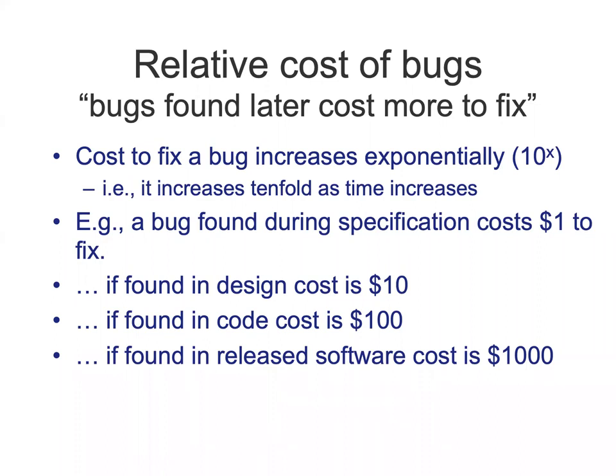Maybe some customers are frustrated. They choose to go with another company who has better software. Losing customers, but also having a bad reputation, that will also cost the company money. So that's why it's always good to find the bug early, and it's your responsibility to make that happen.